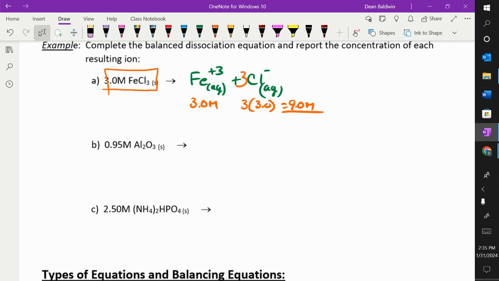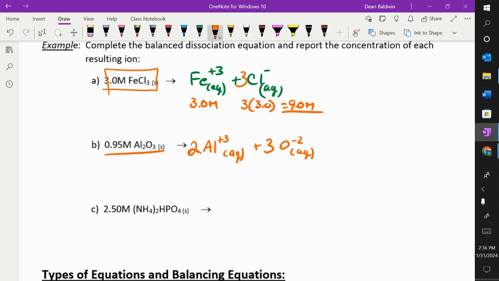Al2O3 dissociates into what? Aluminum plus 3 and O negative 2. What are the coefficients to balance it? How many aluminums? Need to have two aluminums and 3 oxygens.